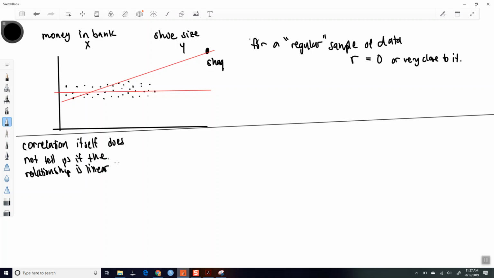Okay, and so there's something known as Anscombe's quartet.